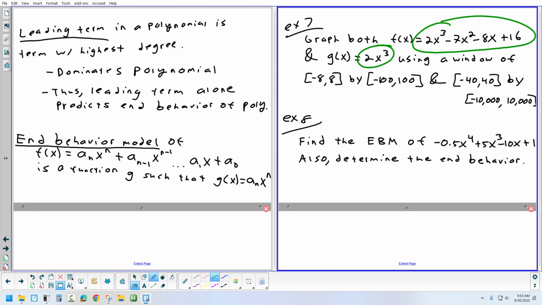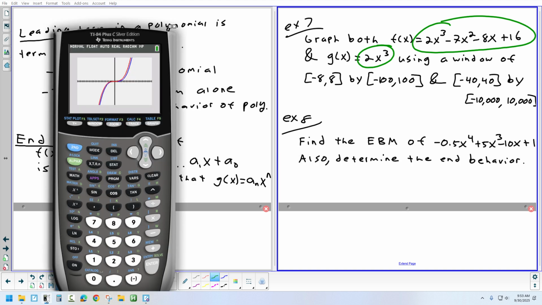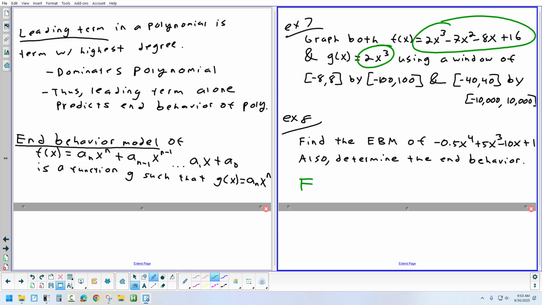Okay. So when I give you a function and ask you for the EBM, all you have to do is tell me the highest degree term. What would be the EBM for this one? It's the term I could graph that would basically look exactly the same as the whole thing if I zoomed out enough. Yep. 2x cubed.